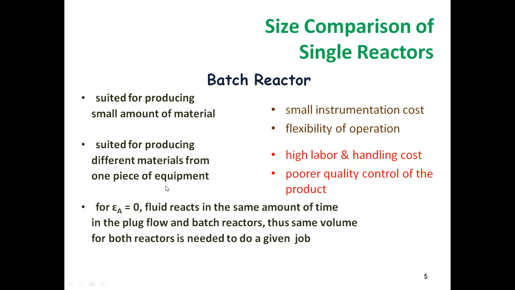Then you let it stand there. And after the reaction has already proceeded, after some time, and you have achieved already the degree of conversion, you take it out. And then you clean it before another different system will be placed inside. So the taking out and the putting in of the raw material takes time.